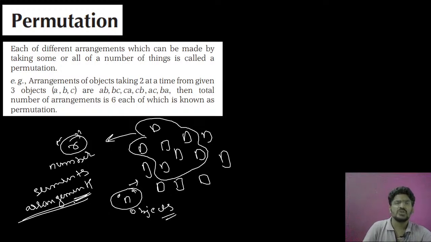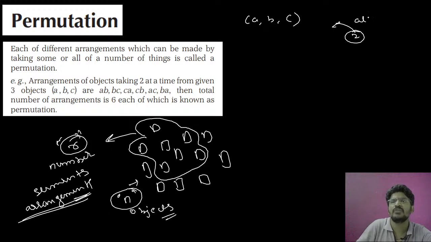Clear? So here you can take one example, that is there are A, B, C, and I will take two alphabets from this and I will arrange them. Then I want to calculate the total number of arrangements.